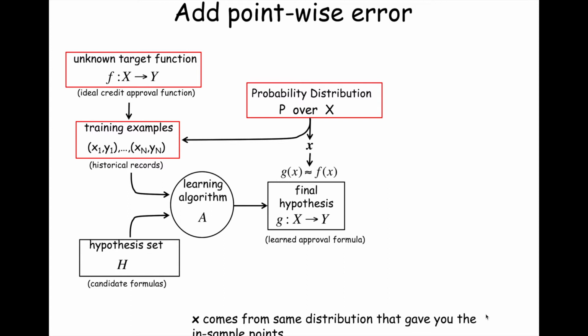And that says that when you have your out of sample error, the points that you run your classifier on, if you want good generalization, the same probability that gave you the training examples should also be the same probability that gives you the out of sample points. Otherwise, it's just not going to work, right?